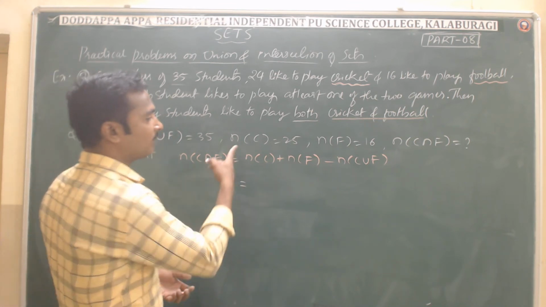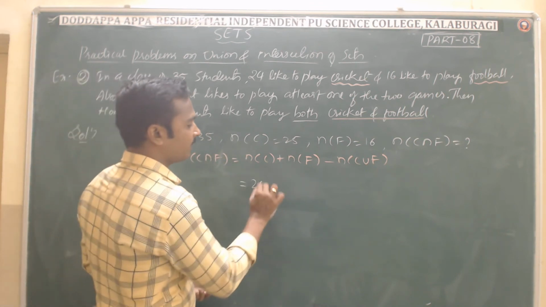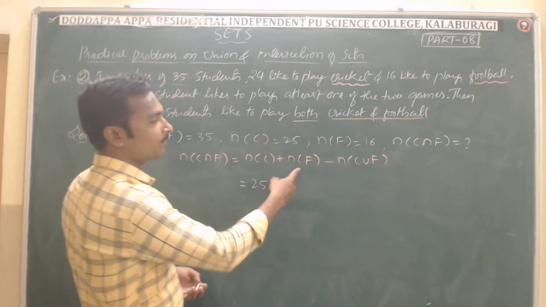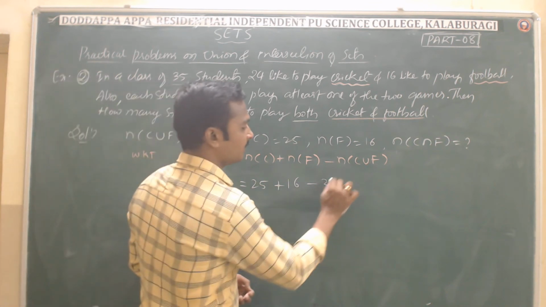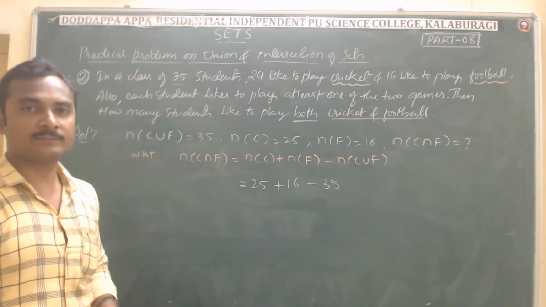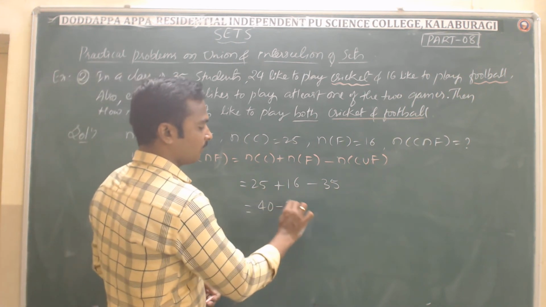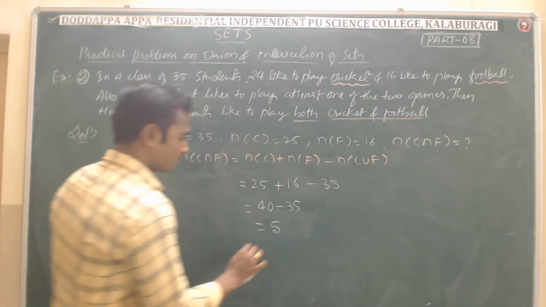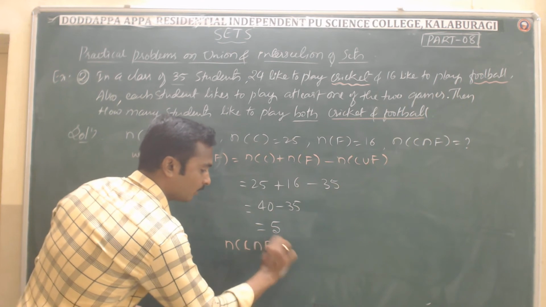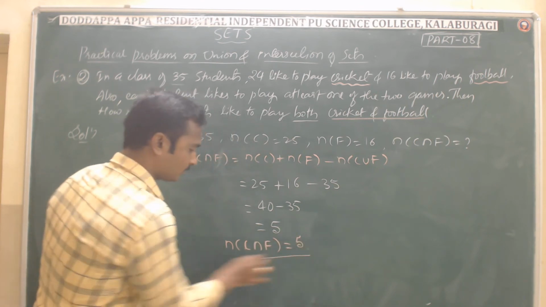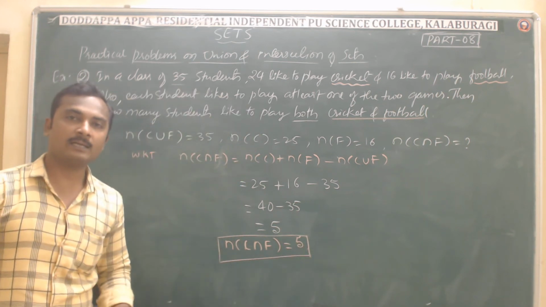So substitute the values: n of C is 24, n of F is 16, and n of C union F is 35, the total strength of the class. So 24 plus 16 is 40, 40 minus 35 is 5. So the total number of students who play both cricket and football is 5.